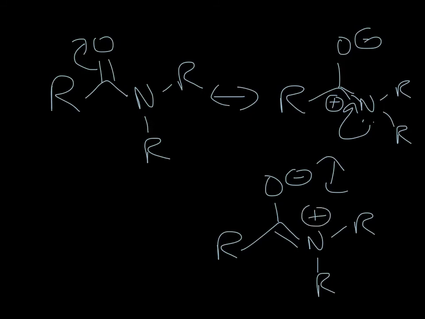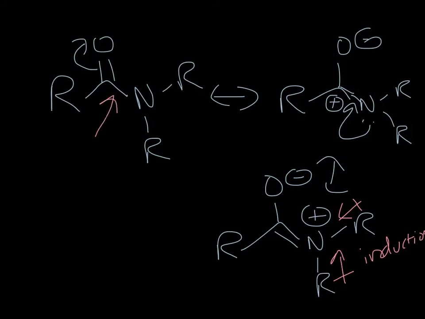And now there's a couple things going on. First, the nitrogen is less electronegative than oxygen, so it's going to be less destabilized by the positive charge. It can also have up to 2 carbon groups on it, which send electrons towards the positively charged nitrogen via induction. And so this is going to be stable.